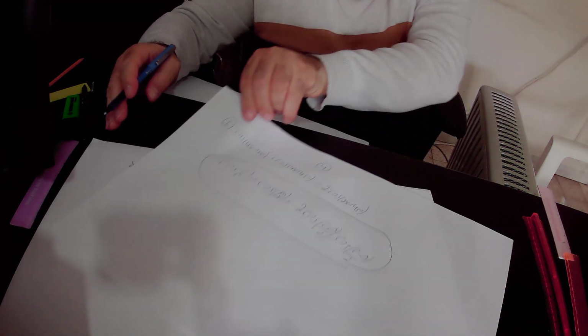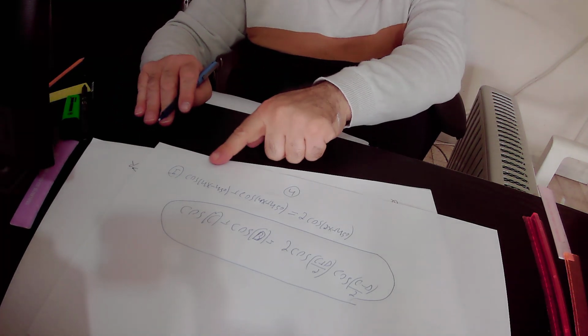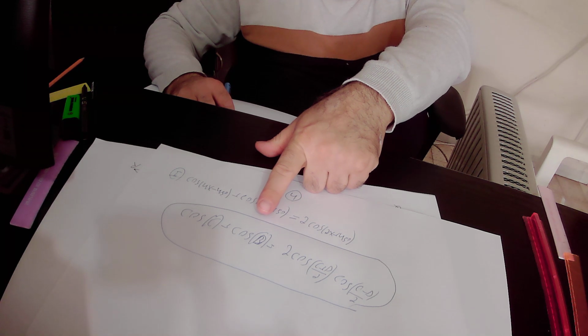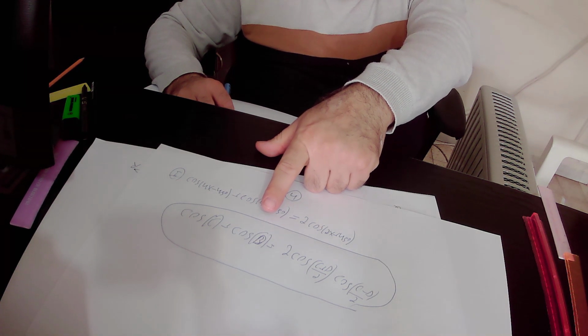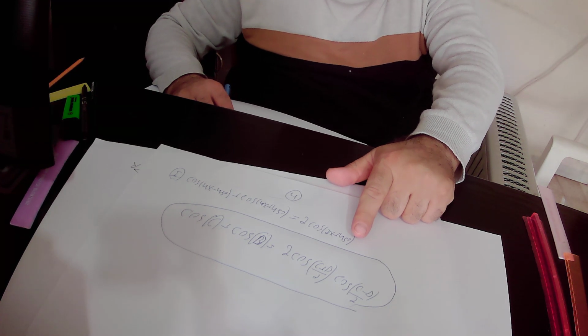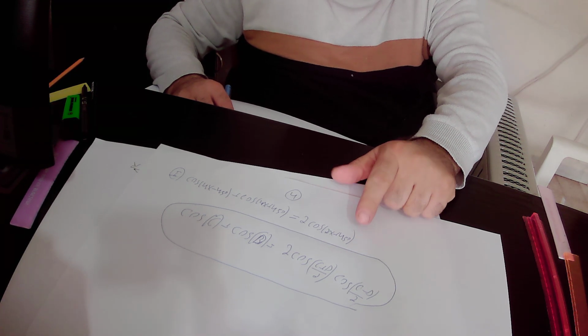In order to simplify this side of equation number 1, we will use this trigonometric identity that states that cosine C plus cosine D equals 2 cosine C plus D over 2 times cosine C minus D over 2.